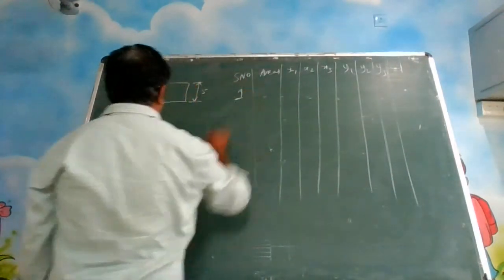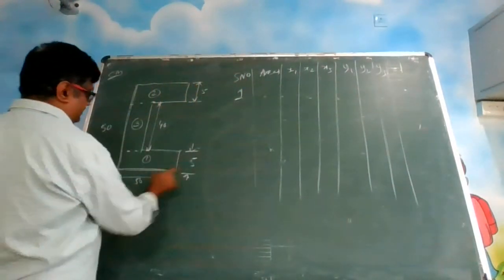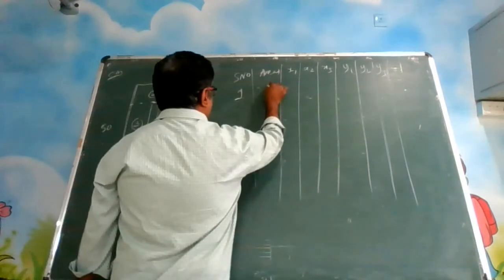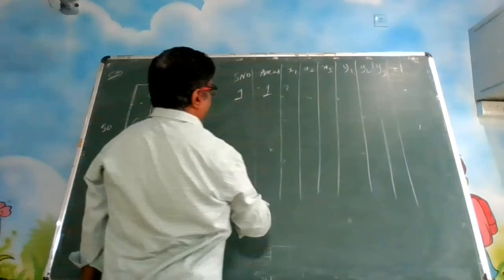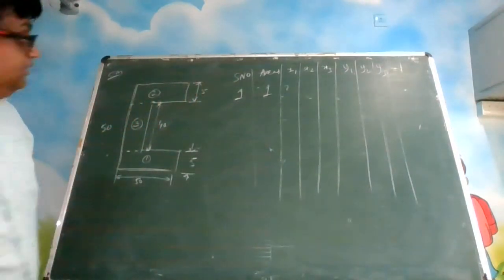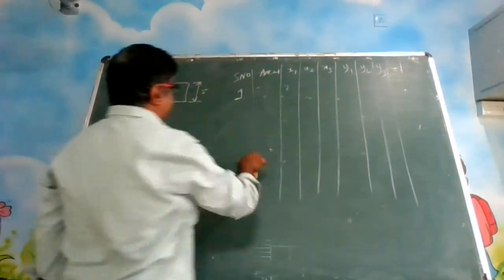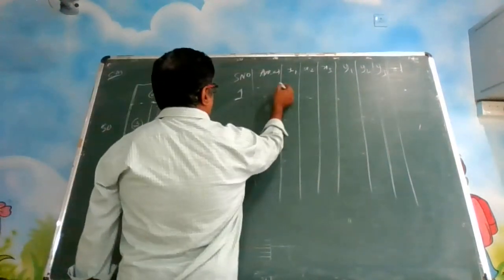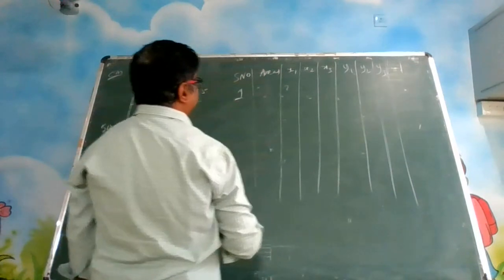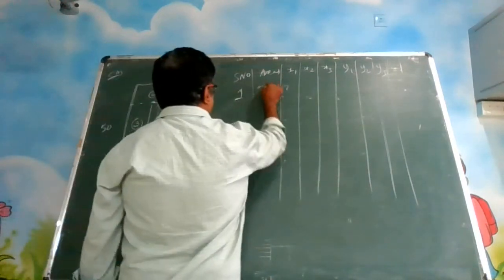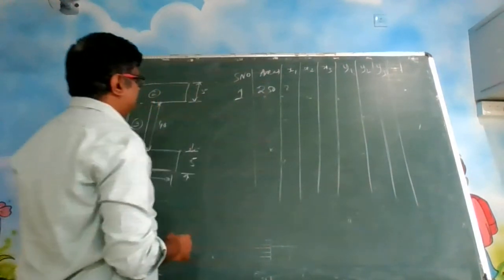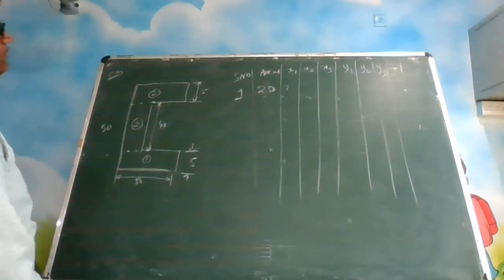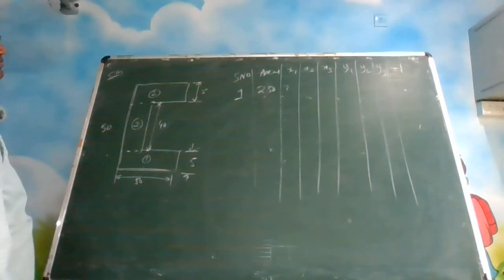Serial number 1, area 1. Area 1 का कितना होगा? 50 into 5. So it is area 1 we are talking about. We have to put the values here. So obviously when you are talking about x1, here the area is 250. 50 into 5. Okay.